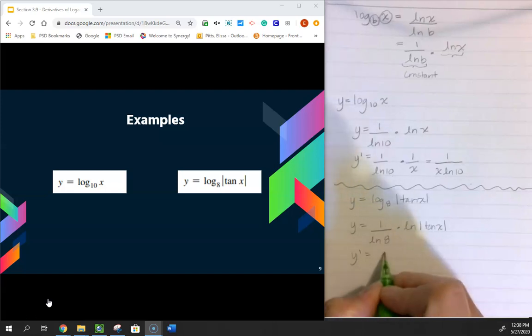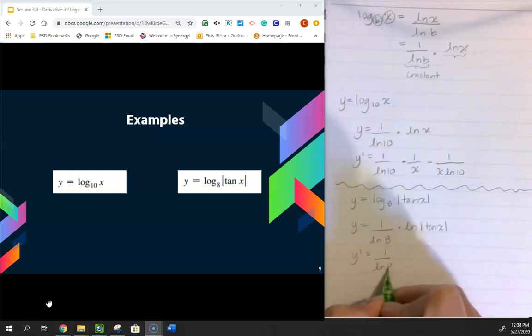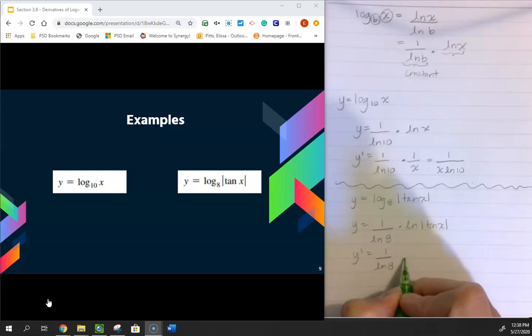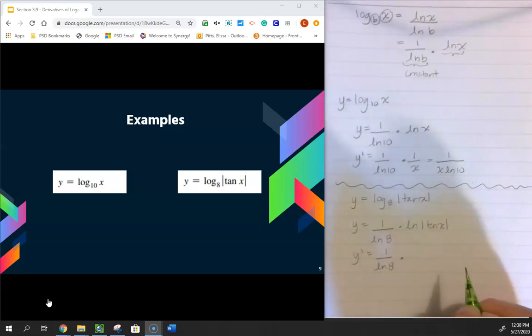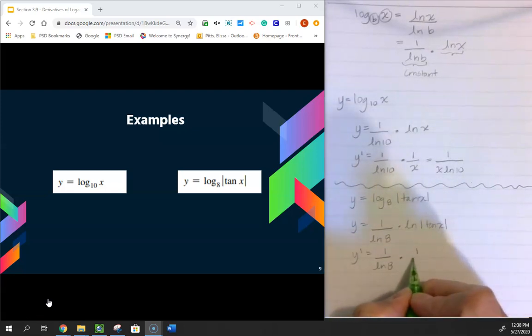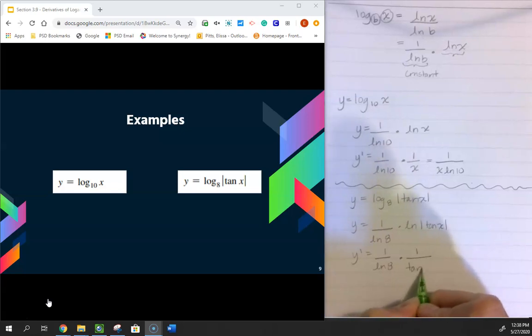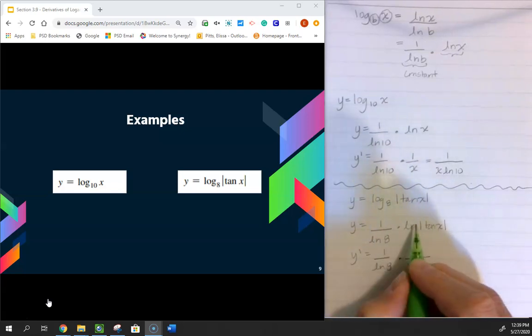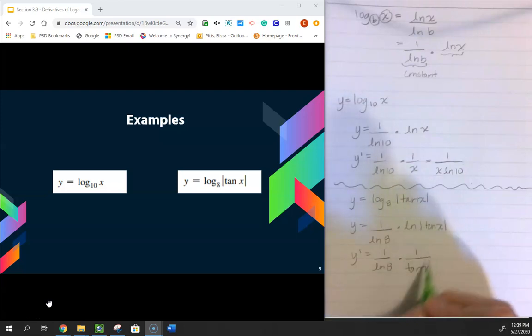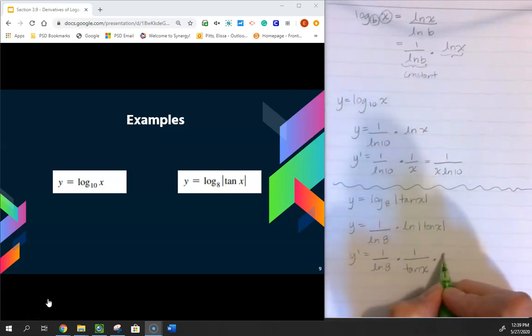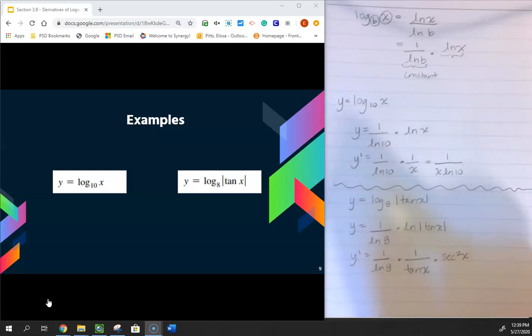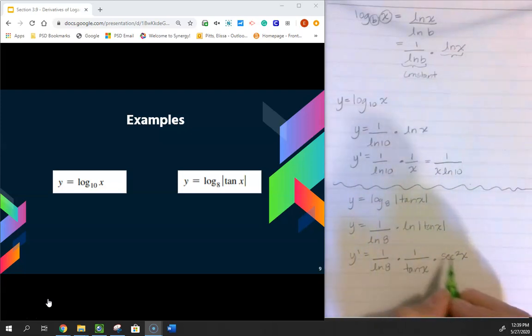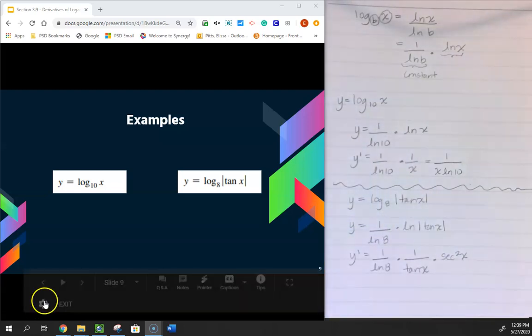Y prime, we can just leave this natural log of 8 in front and multiply times the derivative of natural log of tangent x. 1 over tangent x, derivative of natural log of anything is 1 over that anything times the derivative of that anything. And we could do some simplification here, but I'm just going to leave it like this.